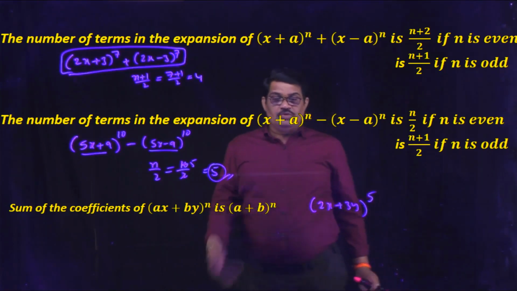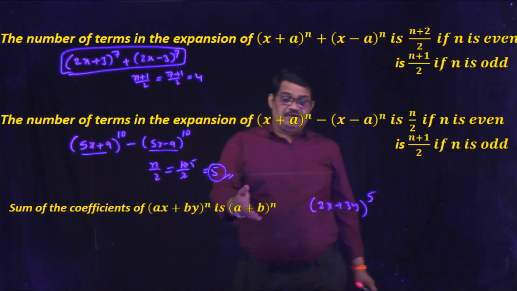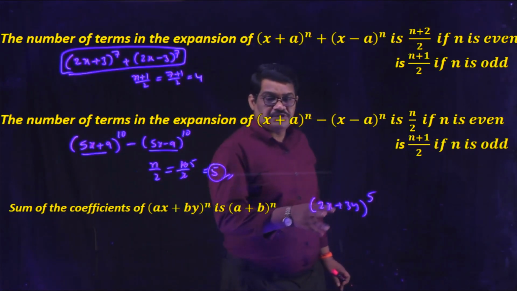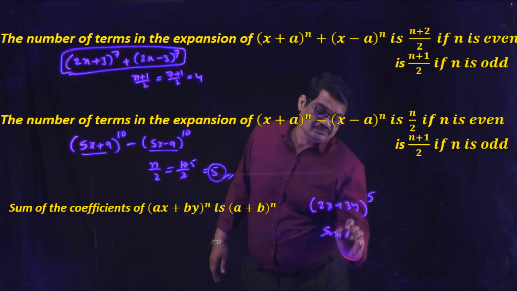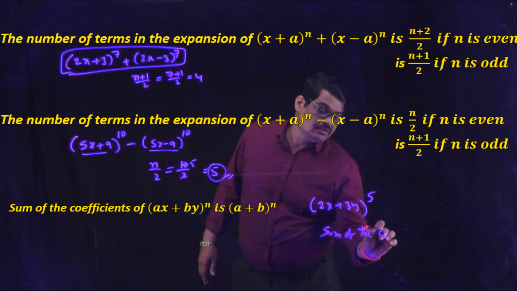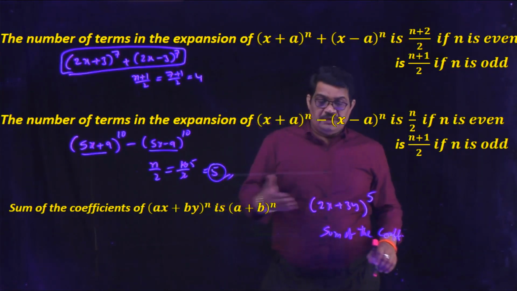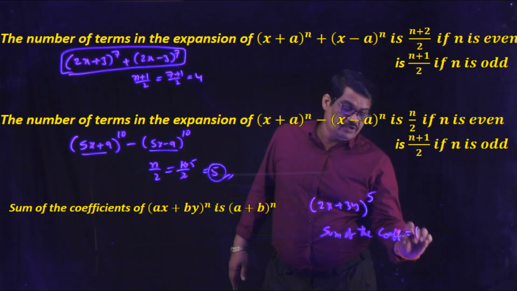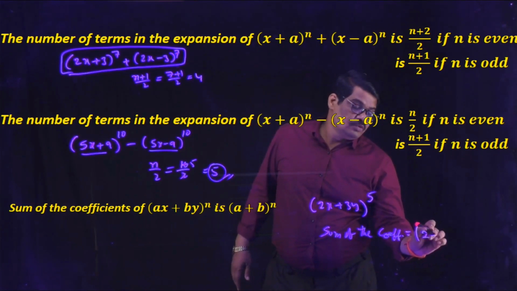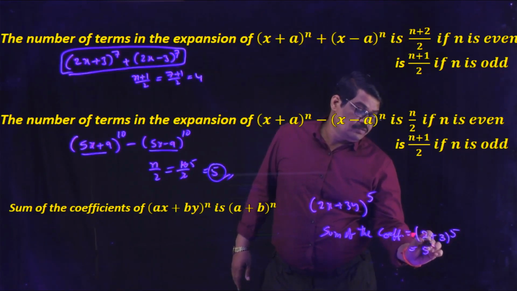The sum of the coefficients of this expansion is a + b, where a is 2 and b is 3, so (2 + 3)^5, that is 5^5.